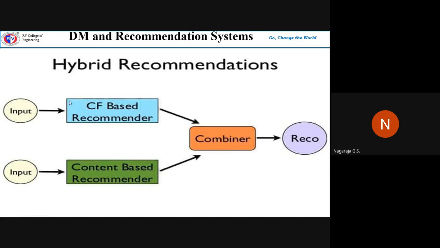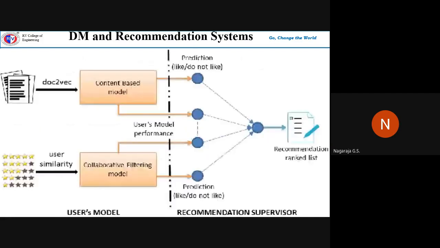So you have a content-based filtering recommender, and here you have a collaborative-based recommender. You combine these two together, and it goes to the recommendation of that particular content for the next level, or for buying or selling, whatever it is.